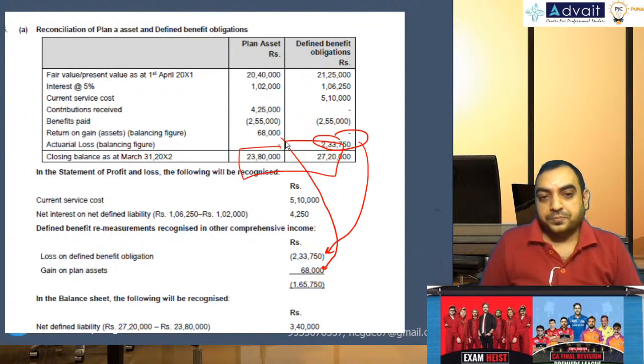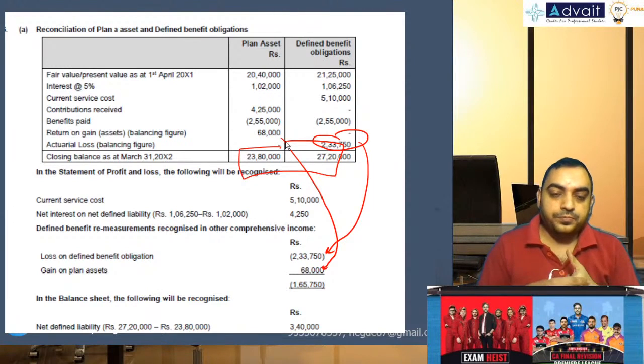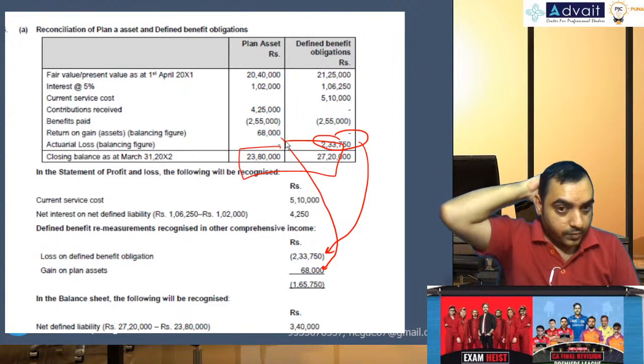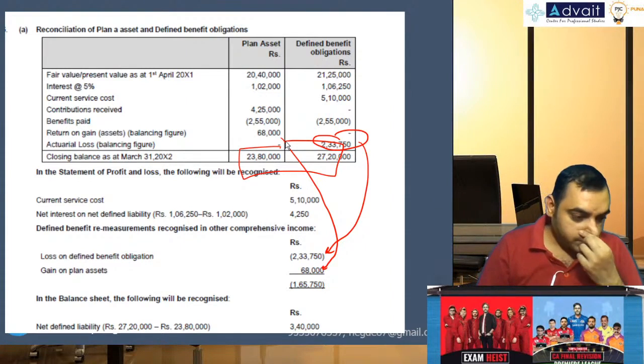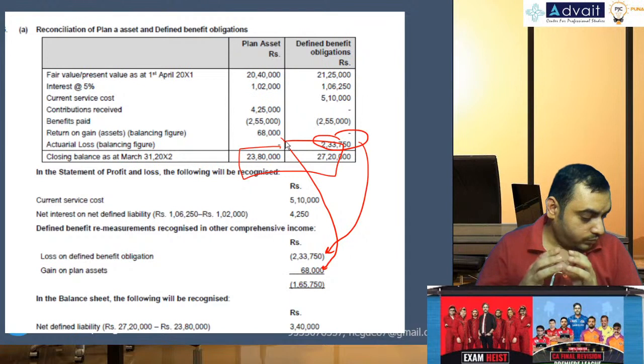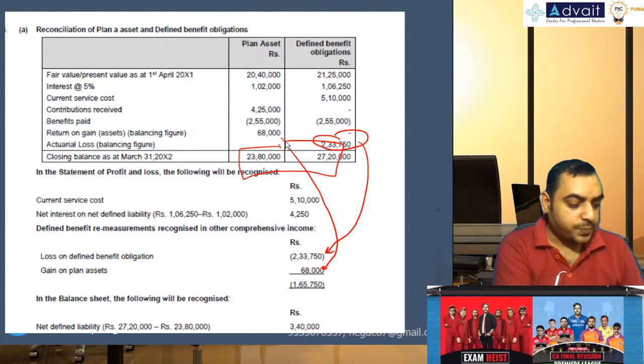Let me know if you have any doubt. Any questions up to this stage? Any question on this problem?